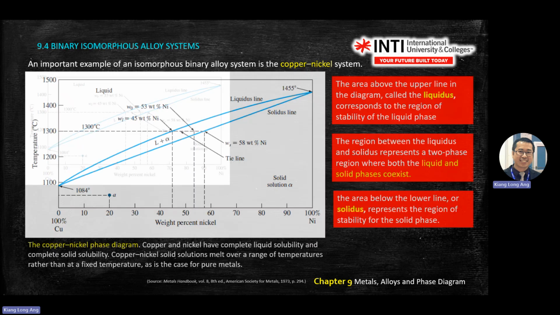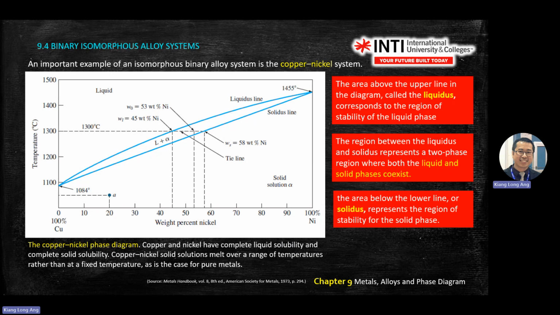Right. So at the melting point of the pure component, where is the melting point? From this graph, what is the melting temperature? 1300. Here all are liquid.